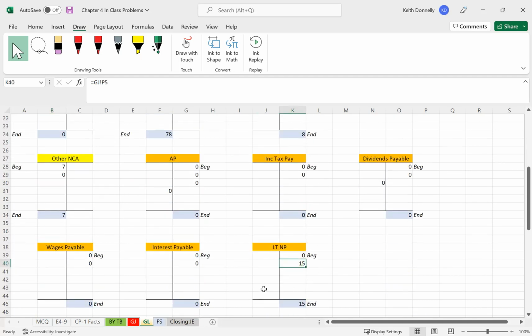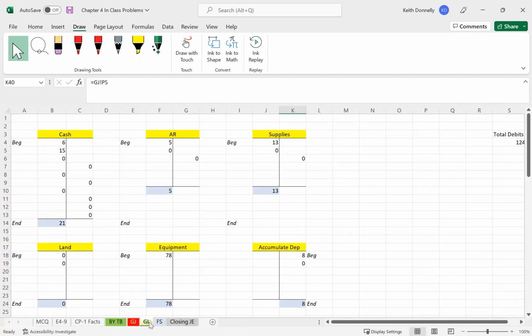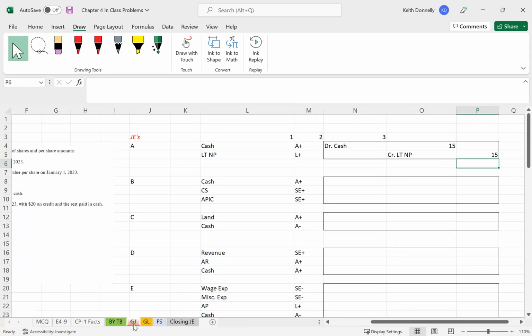I've built these out so that every time we do a journal entry over here, it's going to auto-populate into the T accounts. So could we manually do this? Yes, we could. In fact, we have done it in the past in other chapters. But in order to efficiently teach this and also mimic what it would be like in practice, we're going to just work our way through here.